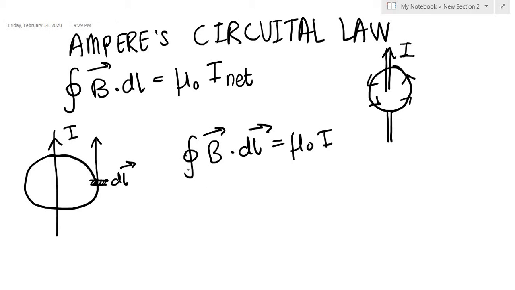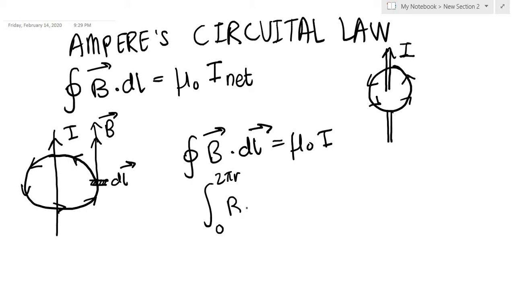Instead of writing a closed integral, you can write a regular integral, but set the limits as 0 to 2 pi r, because that's the entire closed loop. We're integrating in the direction of the magnetic field. That takes care of any negative signs that may pop up. Okay, so the magnetic field is in the direction of the infinitesimal length element dl.